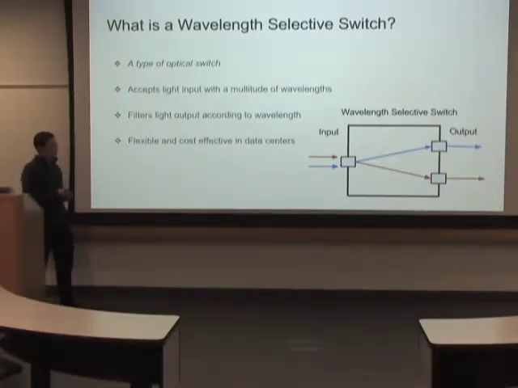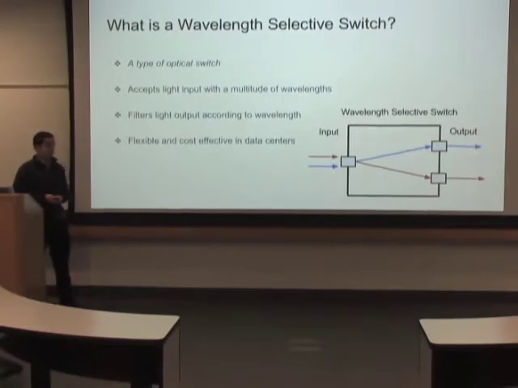And so there is an issue with the cost of optical switching, but this is something that we could work to alleviate, and that's with wavelength selective switches. This is a type of optical switch that was a big focus of my research. The nuance here is that you can have a fiber with light signals of many different wavelengths in one fiber.